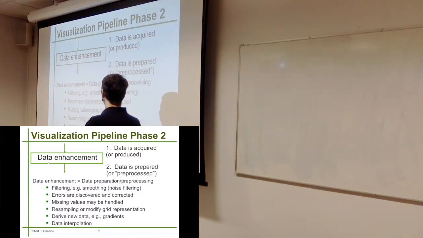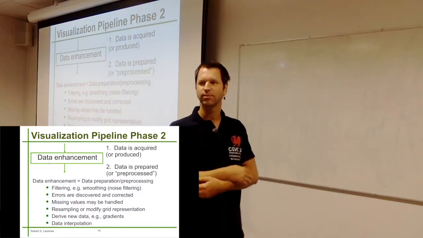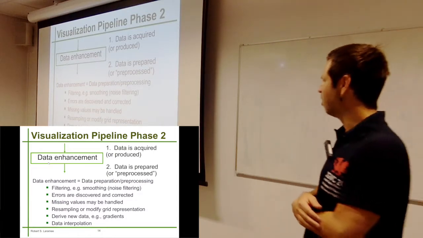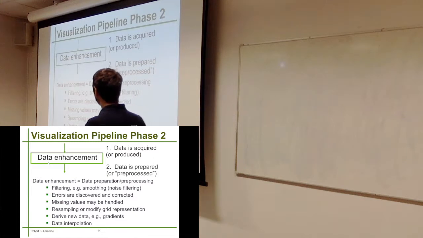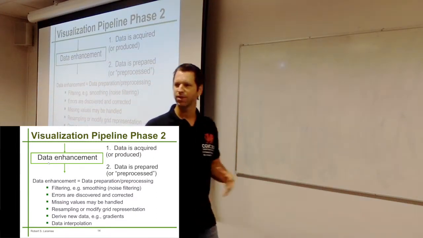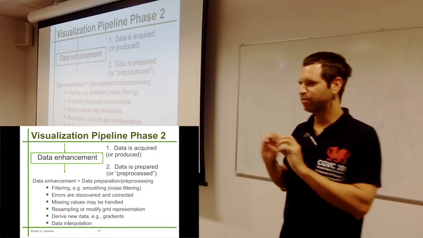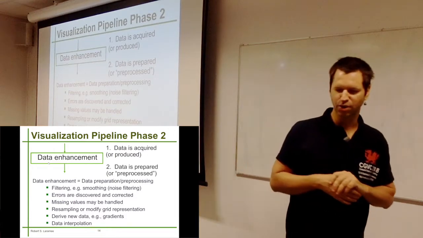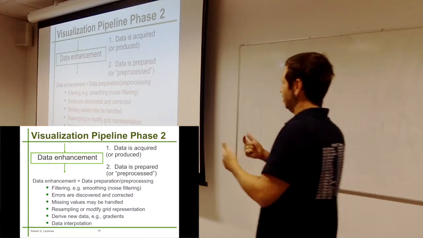But modifying a grid representation, for example, deriving new data, right? You're welcome to do that in assignment one, and other kinds of tasks. Data interpolation is a way to fill in missing values. So if there are some missing values, but you can make some guesses as to how to appropriately fill them in, that's data interpolation, and it's a topic that's going to keep recurring throughout the module.